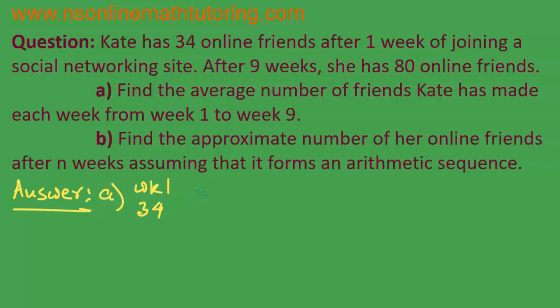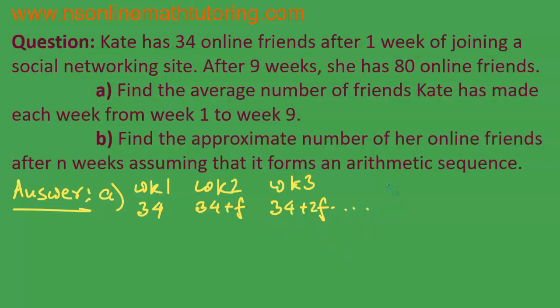So after week 2, how many online friends will Kate be having? It will be 34 plus F. For week 3, obviously it will be 34 plus 2F because in each week she is making F number of new friends.